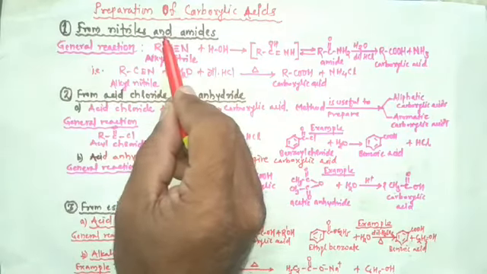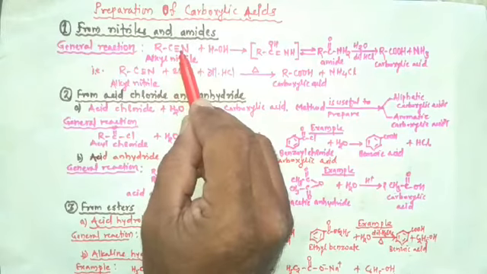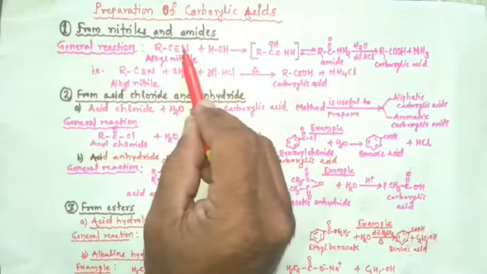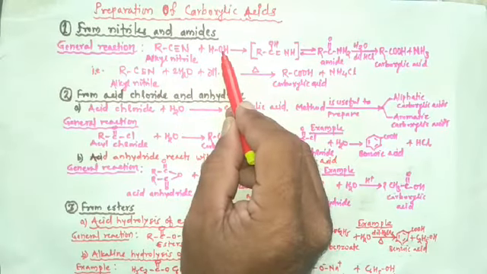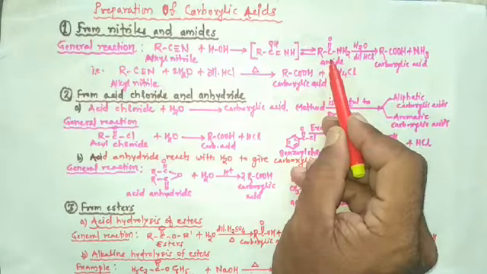Alkyl nitrile, or it is also called alkyl cyanide, on acid hydrolysis produces amides.